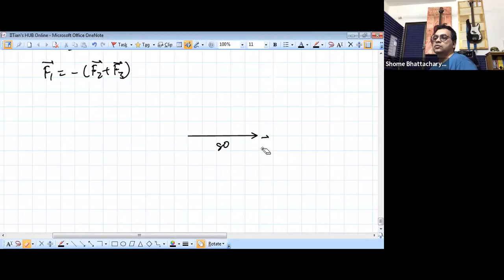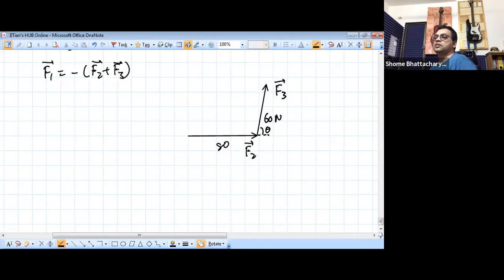So I'm just assuming some arbitrary angle, and I'm drawing F3. What I know as per the question is that the magnitude of F3 is 60 newtons. So it's something smaller, and I don't know this angle, कितना है मुझे नहीं पता.